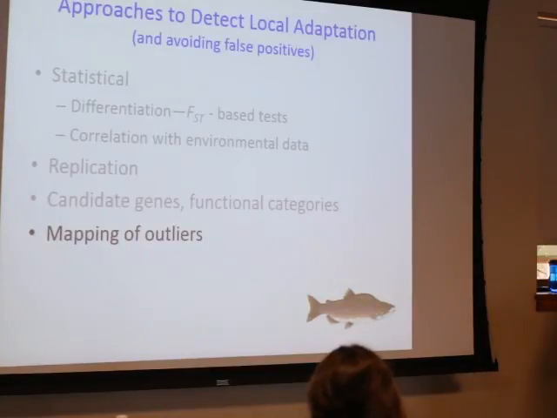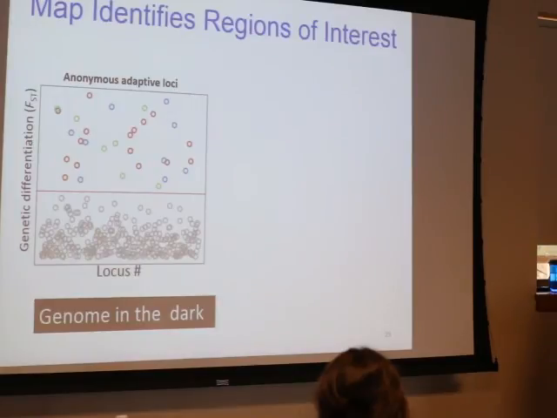Okay, then a really big area, and we've already seen it in a number of studies, is the mapping of outliers. And I'd like just to start with this idea that you do whatever you want to do, whether BayeScan, Bayesian, or something, and you end up with all these anonymous adaptive loci. These are FST.